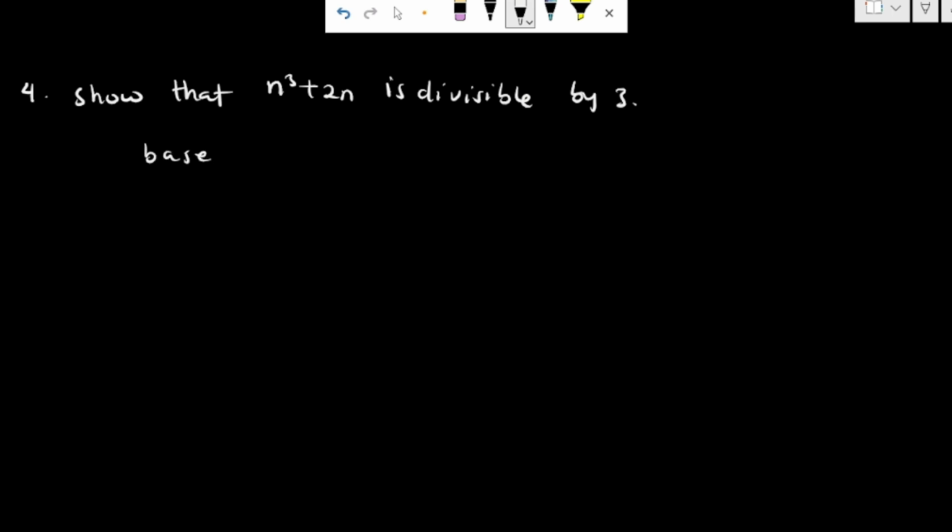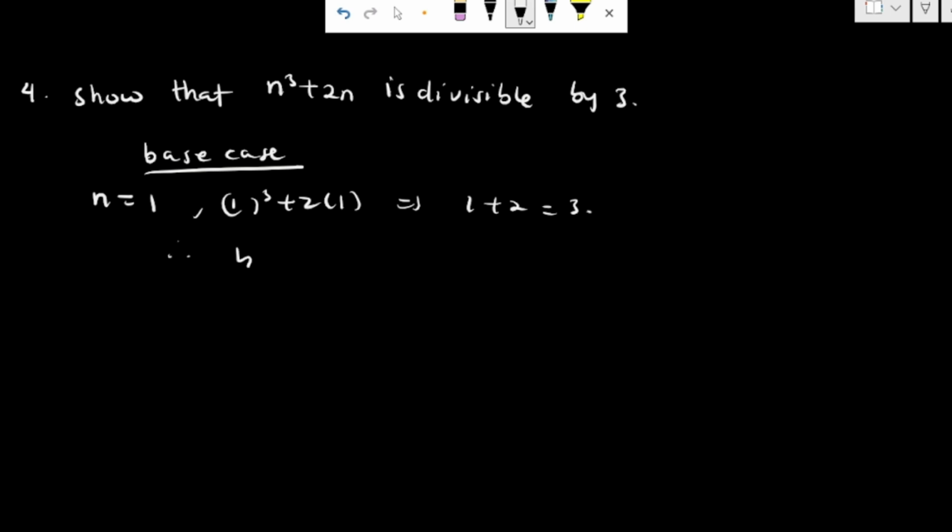We test our base case, and for the base case, you make sure that we test for n equal to 1, where n should be the least number. In this case, n equal to 1 is permitted. So I have 1 cubed plus 2 multiplying 1. That is going to give me 1 plus 2, which is 3, and it is divisible by 3. Therefore, base case is true.